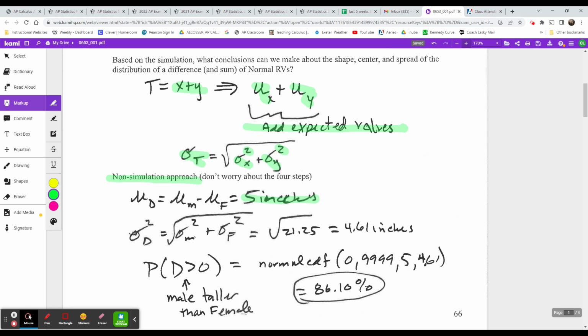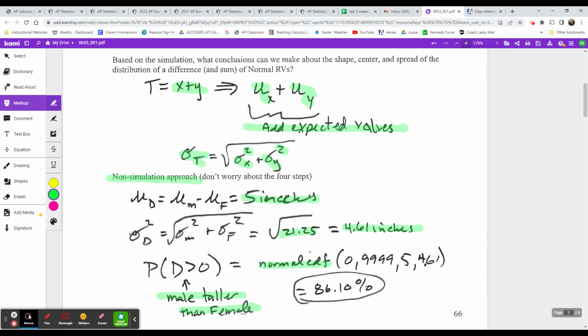When I need to find the standard deviation, I square both of them and add them together, and I get a variance of 21.25. That comes out to a standard deviation of 4.61 inches. At that point, I can find the probability that the male is taller than the female. I plug it into normal CDF.